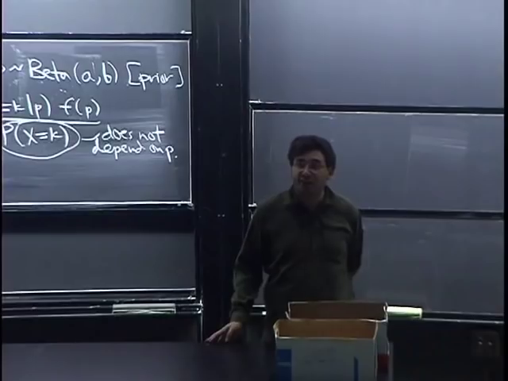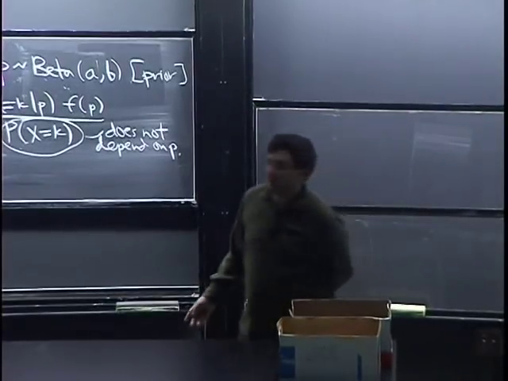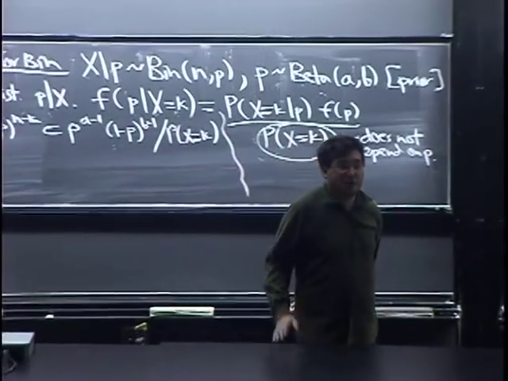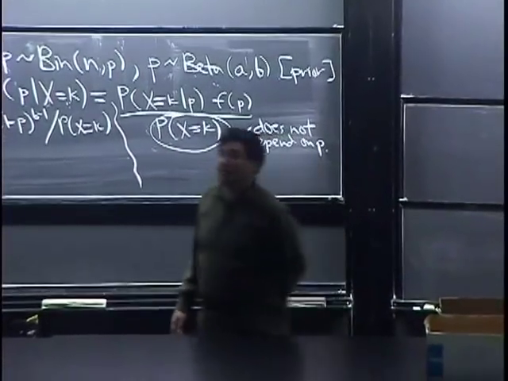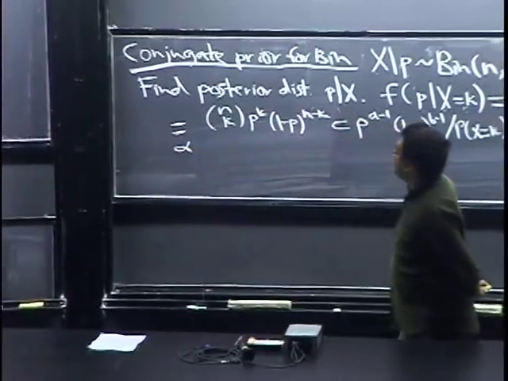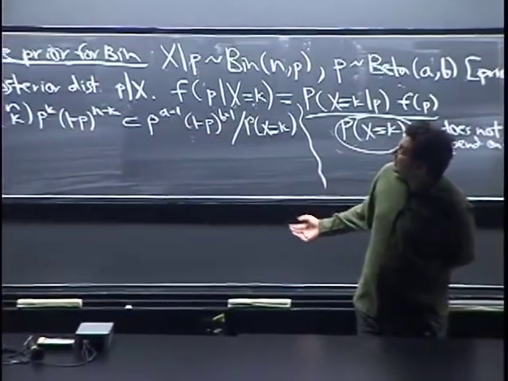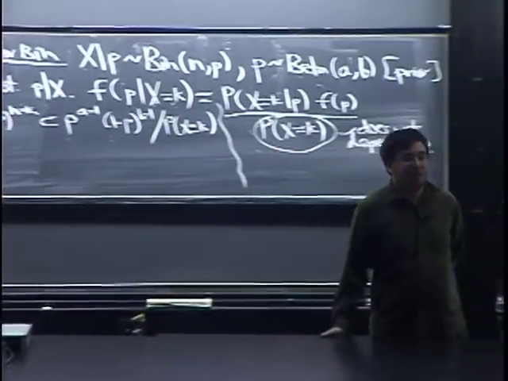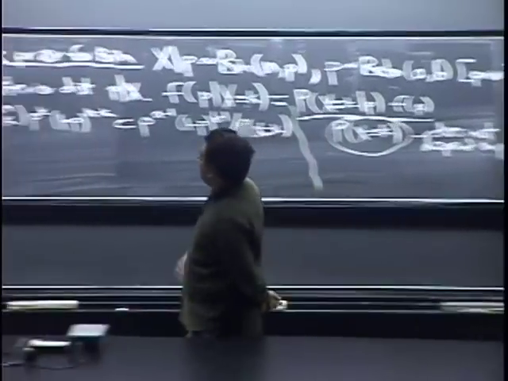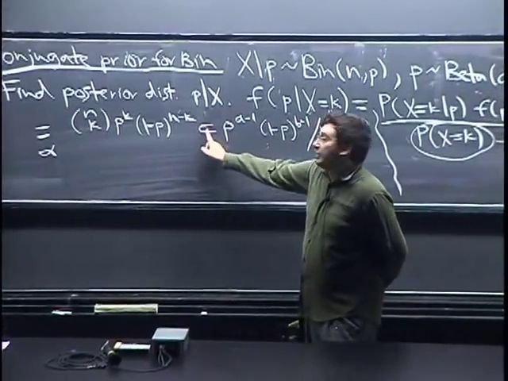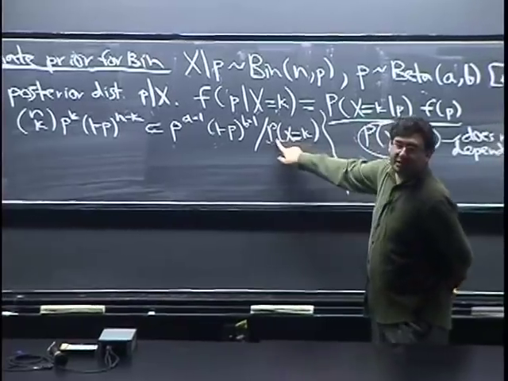But there's a much faster way to do this, which is just to look at the structure of what we have, up to proportionality. So I'm just going to write the proportionality symbol. That is, I'm going to ignore constants, and by a constant, I mean something that does not depend on P. So actually, we can ignore the n choose k, because there's no P there. We can ignore C, because there's no P there. And we can ignore this thing because there's no P there.